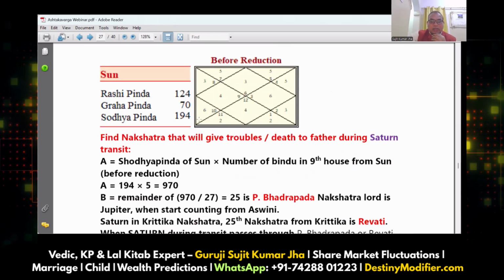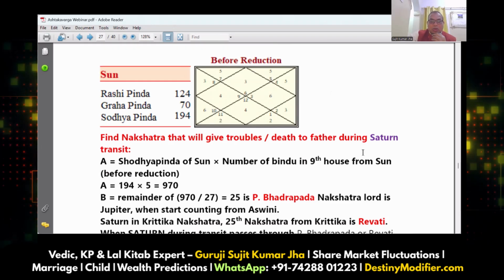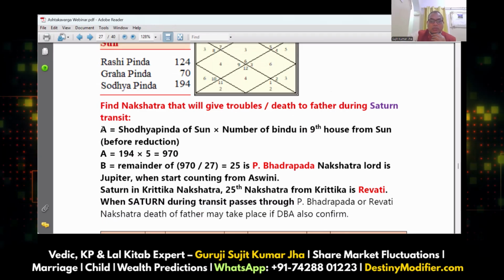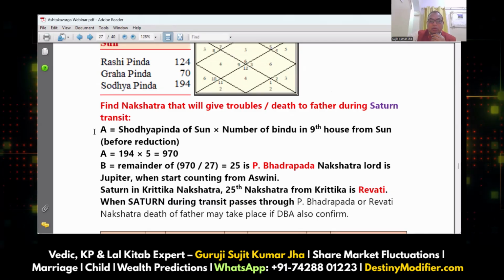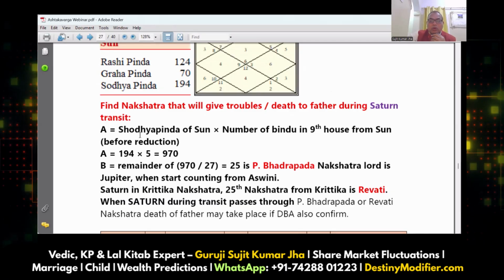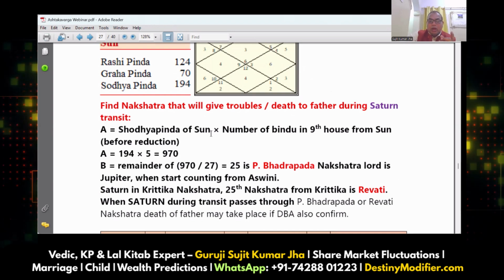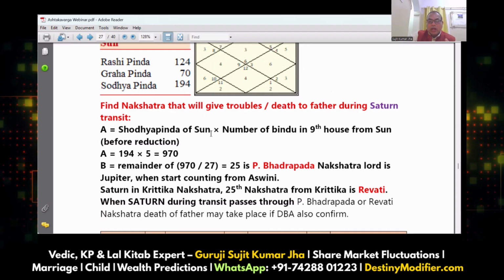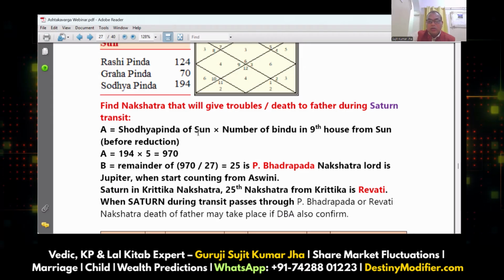So find the nakshatra that will give trouble or death to the father during Saturn transit. How to calculate this? First, we have to find point A. How? We have to calculate the Sodh Pinda of the Sun. After Trikona Sodhana and Ekadhipati Sodhana, we use Rasi Pinda and Graha Pinda, then find the Sodh Pinda of the Sun.